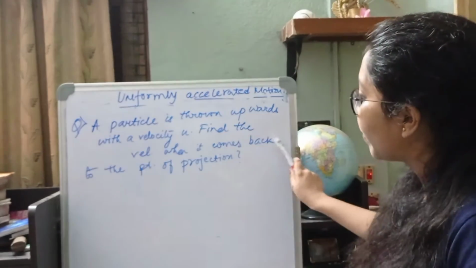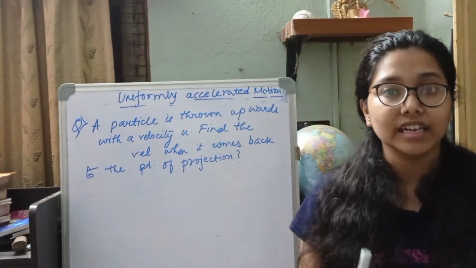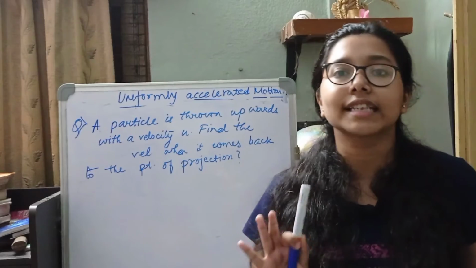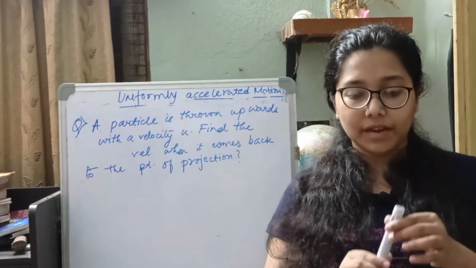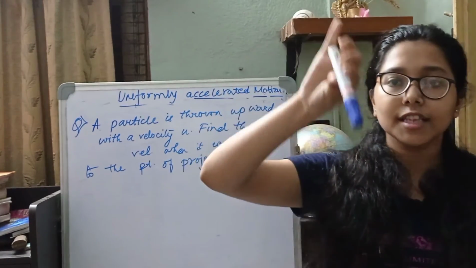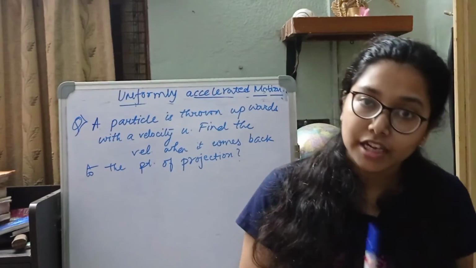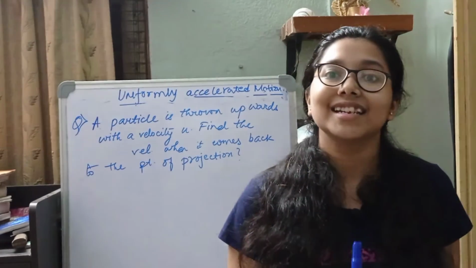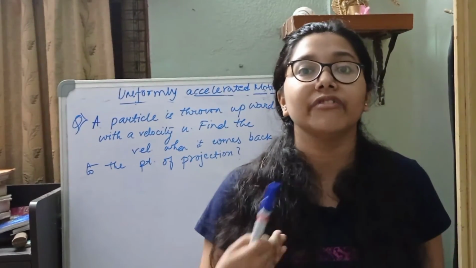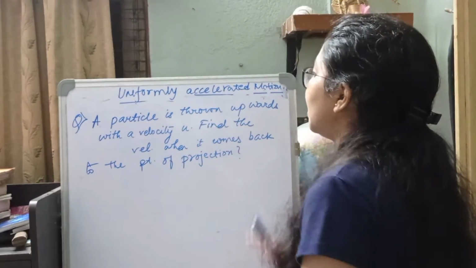So when it comes back to the point of projection, the velocity magnitude will be u meter per second, but because in the first case it was projected upwards, when it returns it will be pointing vertically downwards. So velocity magnitude wise is the same, but the direction is now anti-parallel. The direction is now reversed. It is acting vertically downwards. Okay, so this is a very important point.